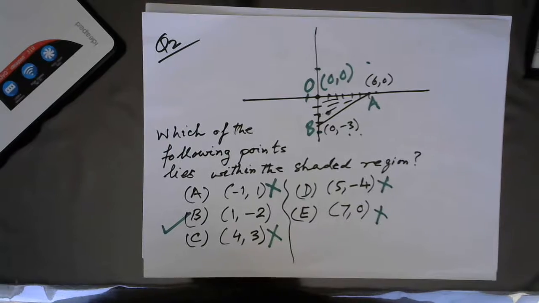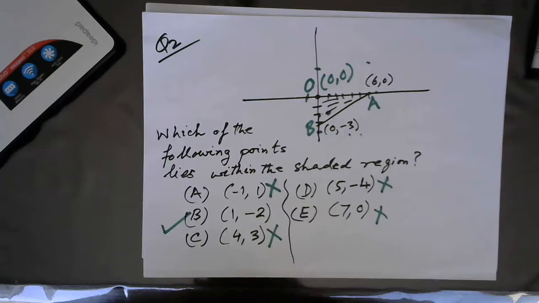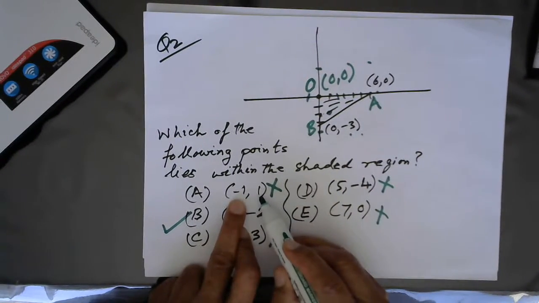You must have noticed that I did not bother about both of the coordinates because I was able to decide whether the point is within the region or not just by looking at either the abscissa or the ordinate. For example, negative 1 is to the left, so I don't have to worry about the second coordinate.